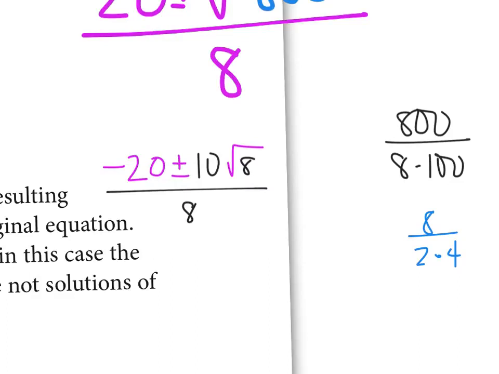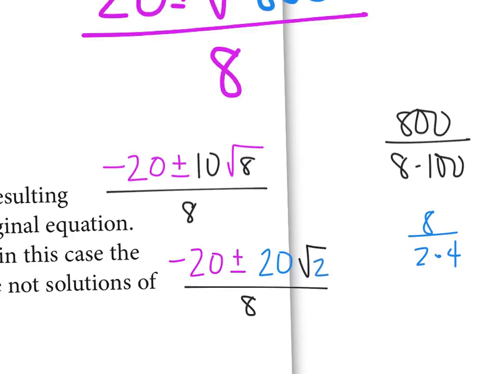So really it becomes negative 20 plus or minus 20 square root 2 divided by 8. Yes, so you multiply them together.